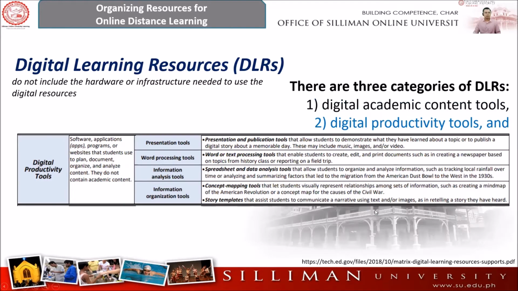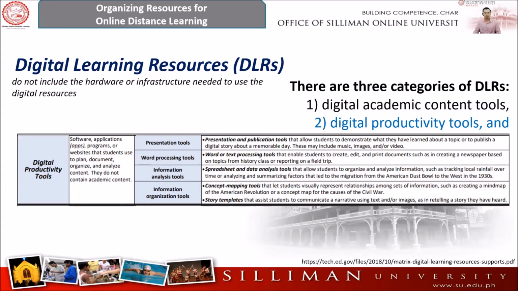Second, the digital productivity tools. This refers to software, programs, applications, or websites that students use to plan, document, organize, and analyze content. And they do not contain academic content. This is categorized into four: presentation tools, word processing tools, information analysis tools, and information organization tools.